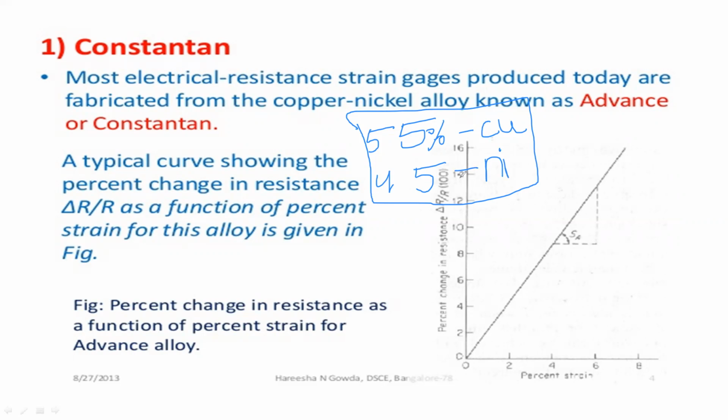And a typical curve showing the percentage change in resistance, that is delta R by R, the change in resistance to the original resistance, as a function of percentage strain, is given in the figure. Percentage of strain is taken on one side, and percentage change in resistance on the other side.